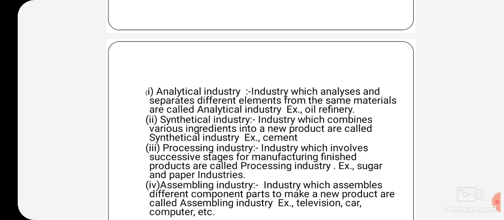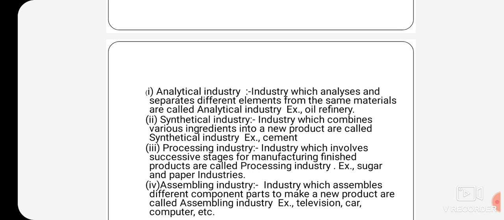Analytical industries are those industries which analyze a single product and then refine and separate different elements from it to prepare their final products. That means this analytical industry uses a single input as a raw material, but produces different types of products.